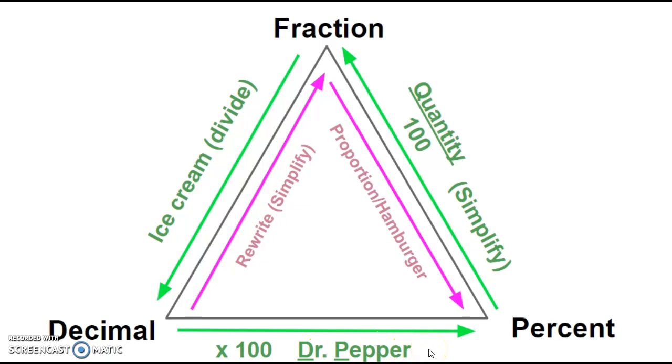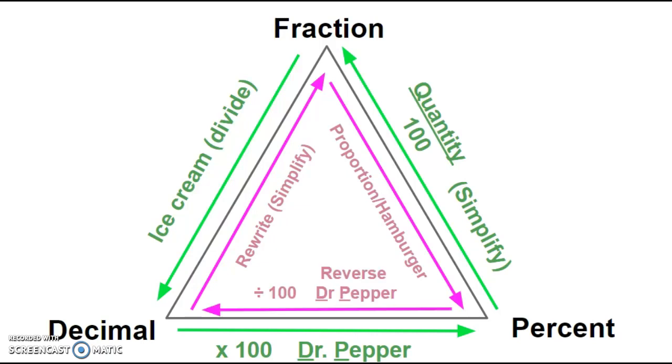We use Dr. Pepper because the way you read it is the direction that you move. So if you have 5/10 as your decimal, 0.5, you would move it from the left to the right 2 times, and you would end up with 50%. So 5/10 is equivalent to 50%.